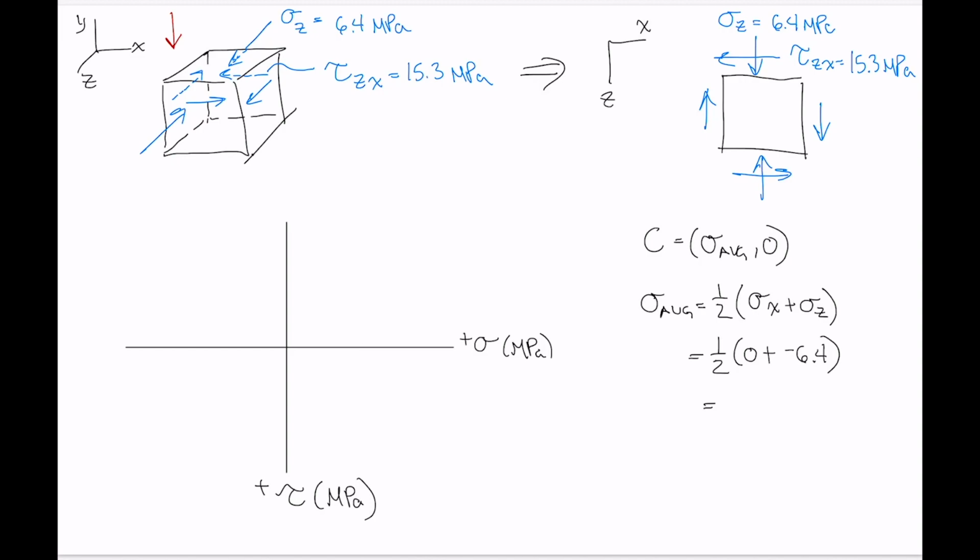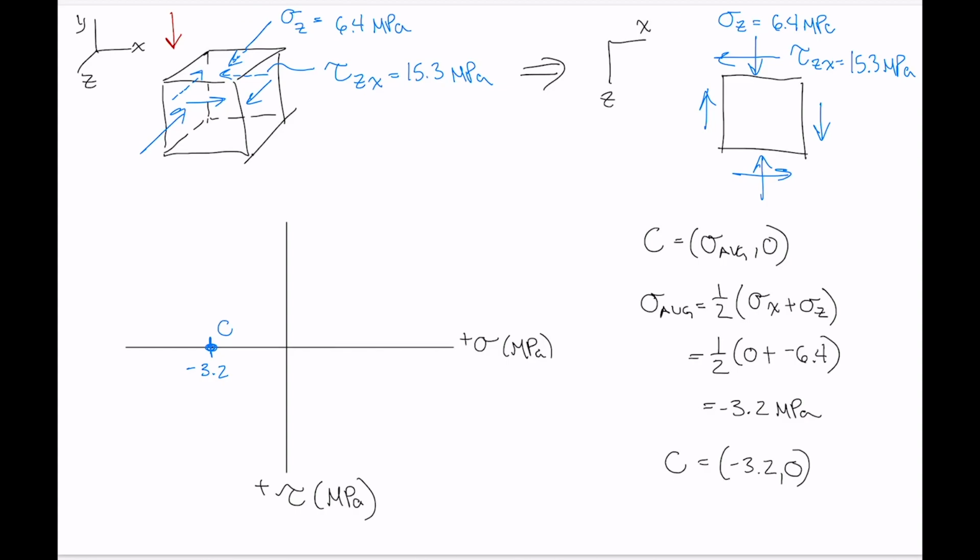Okay, so here we've got minus 3.2 megapascals for our average normal stress, which means that C is located at minus 3.2, 0. So let's go ahead and plot that. We'll put minus 3.2 right about here, and that's our point C.